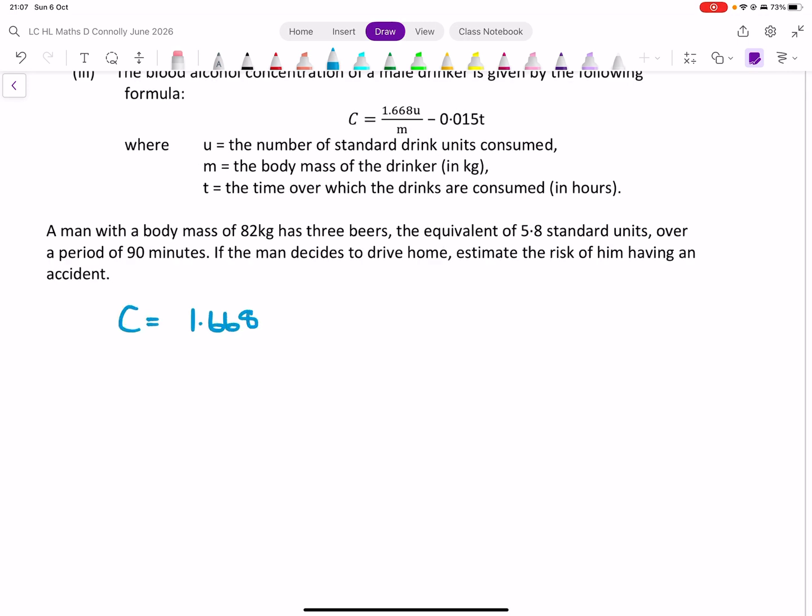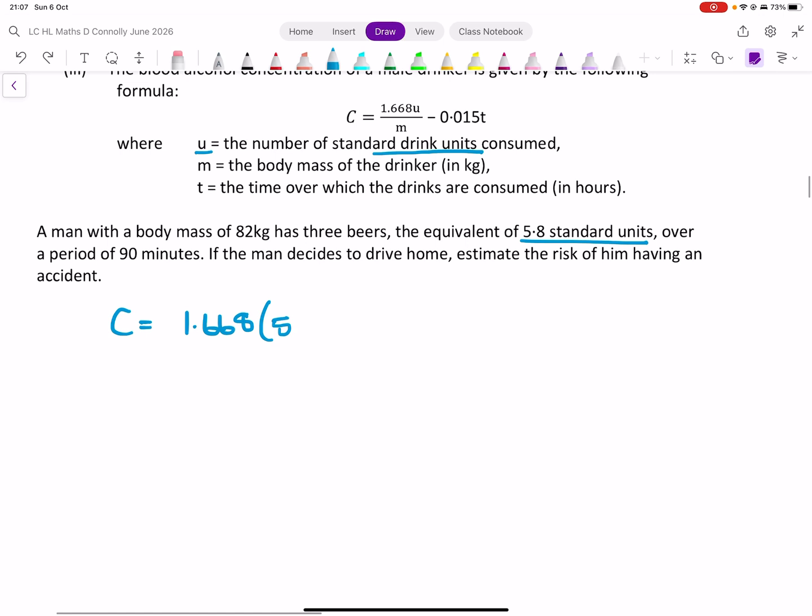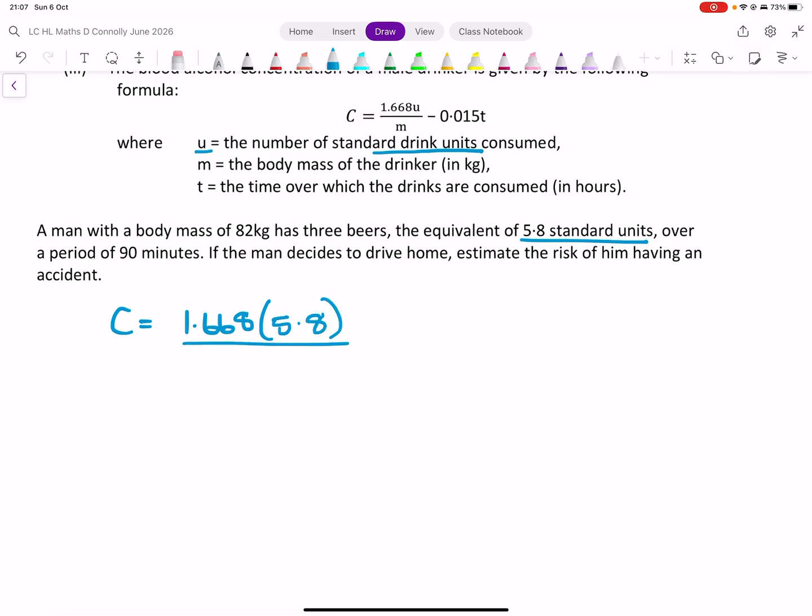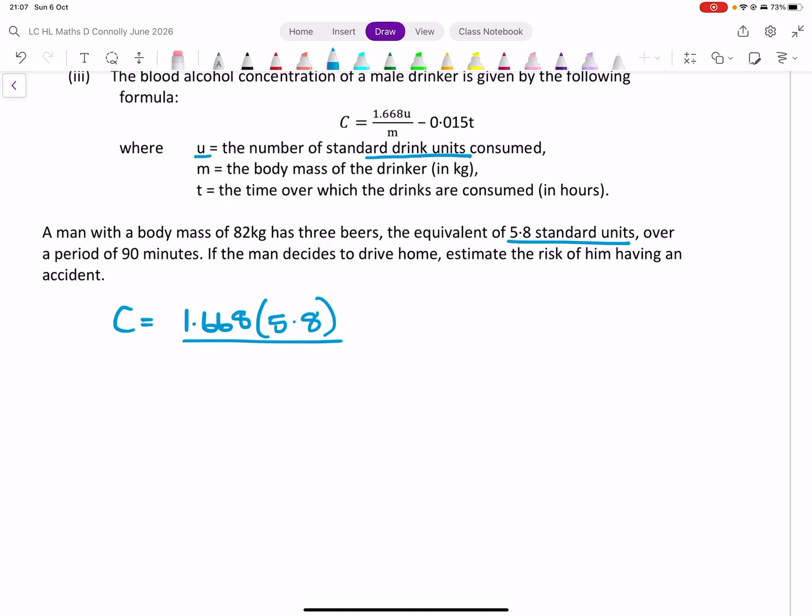Ooh, this is interesting. So C is 1.668. U is the number of drink units, which was 5.8. M is the mass in kilograms, and that's 82.